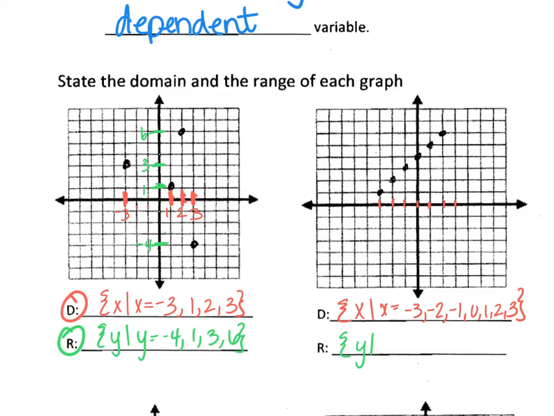So for this one, for x, I have -3, -2, -1, 0, 1, 2, and 3. Why can I not write that as an inequality? Anybody know why I can't write that as like from -3 to +3?